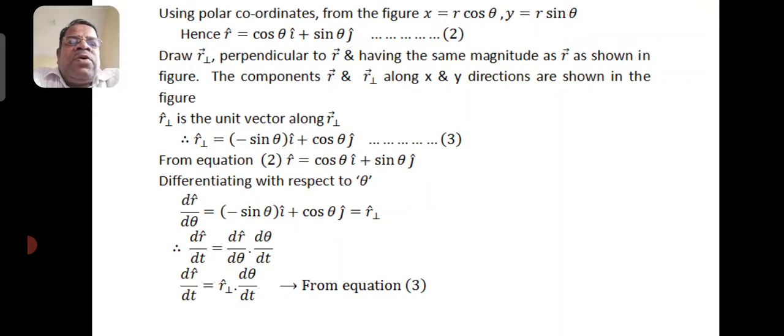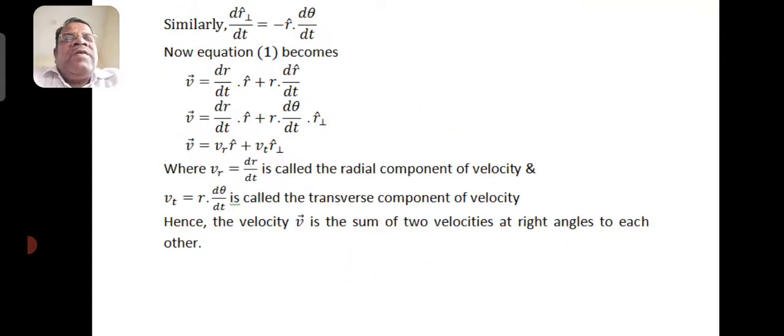Now d theta by dt, write as it is. Similarly, dr perpendicular cap by dt equals minus r cap d theta by dt.